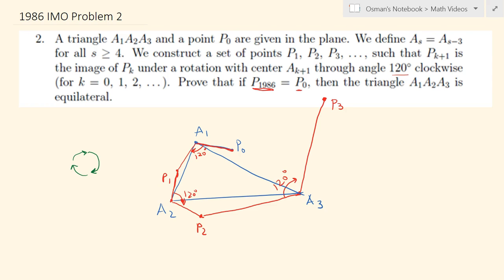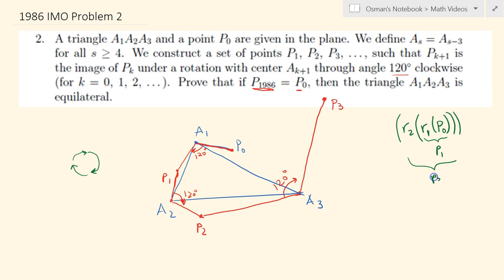So what I'm trying to say is that I claim the combination of these 3 rotations, namely we take our point P0 and we apply a rotation first, a rotation around point A1. Let me just call it R sub 1. The outcome is P sub 1. P sub 1 is rotated around point A2, and we get P sub 2.